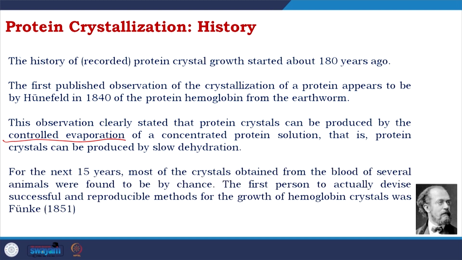For the next 15 years, most of the crystals obtained from the blood of several animals were found by chance. The first person who actually devised a successful and reproducible method for growth of hemoglobin crystals was Funke. You might have a question in mind, why were these people trying hemoglobin?